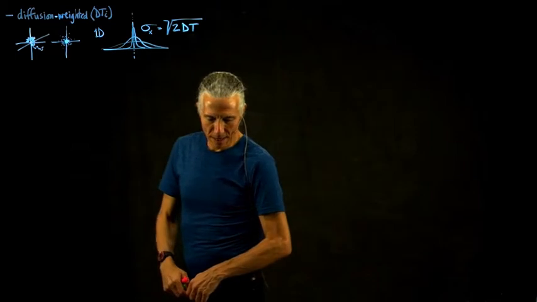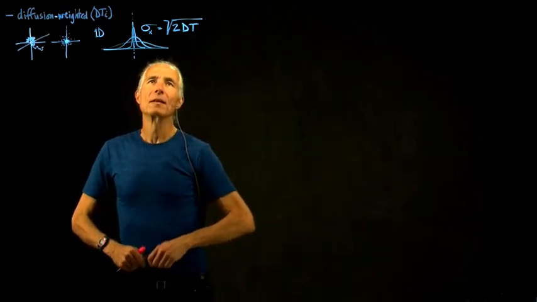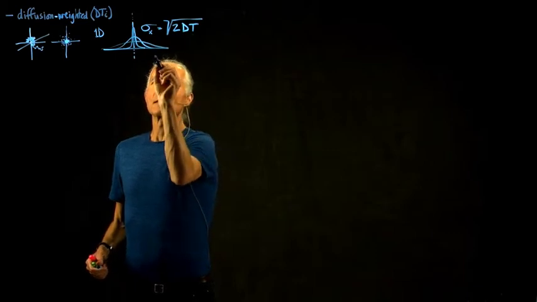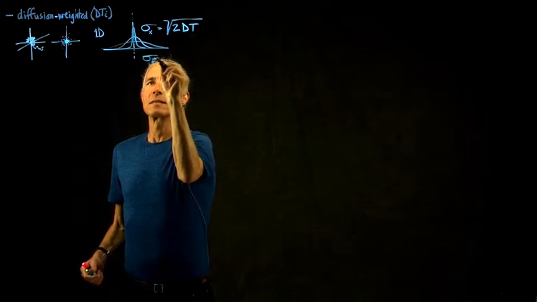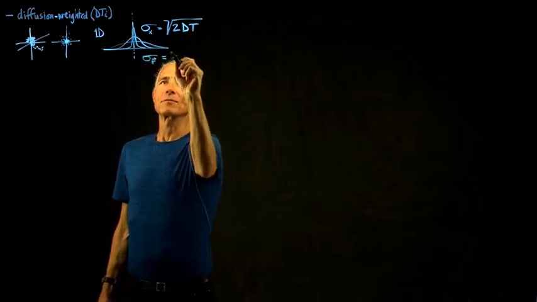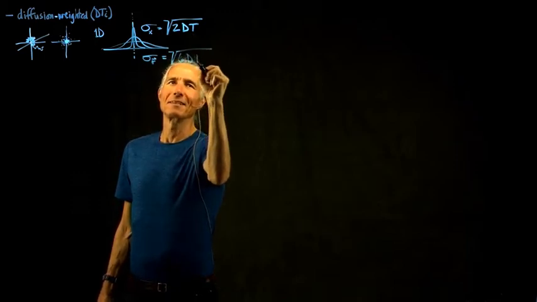The same thing in 3 dimensions. If this is a 3-dimensional position vector, the same thing in 3 dimensions is just 6 D t.